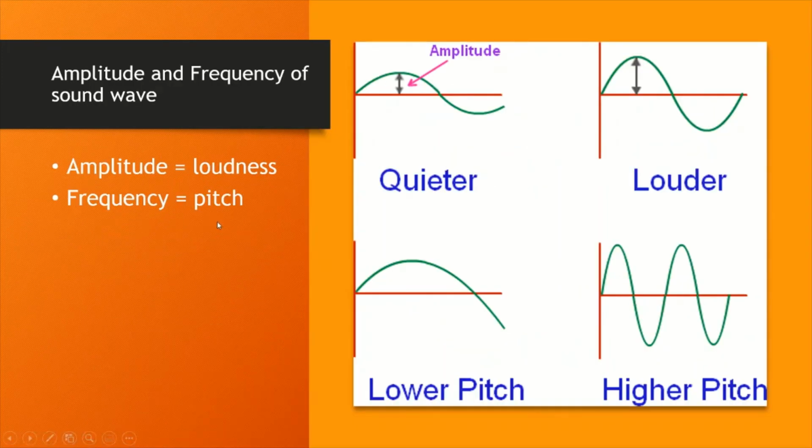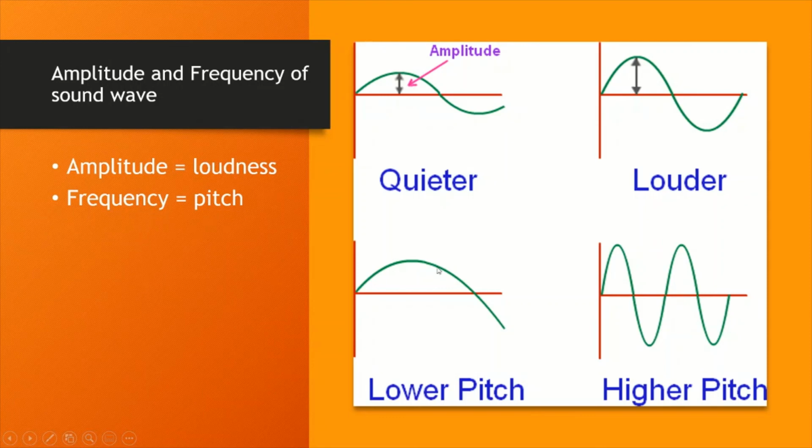Okay, now if it is a sound wave, one that is of high amplitude will be a loud sound. Therefore, amplitude is related to loudness. A wave that is of high amplitude will be louder compared to a wave that is of lower amplitude, which will be quieter. But frequency is related to the pitch of the sound.